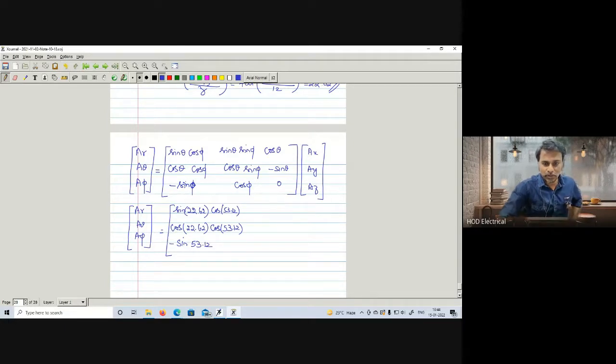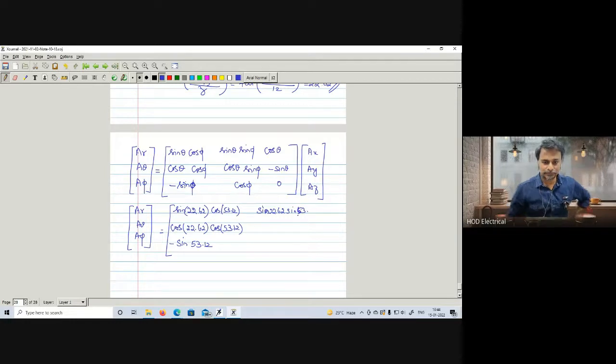Fine, I am substituting all those values. Then sine theta, sine of 22.62 into sine of 53.